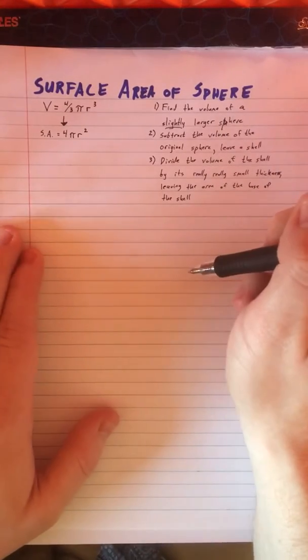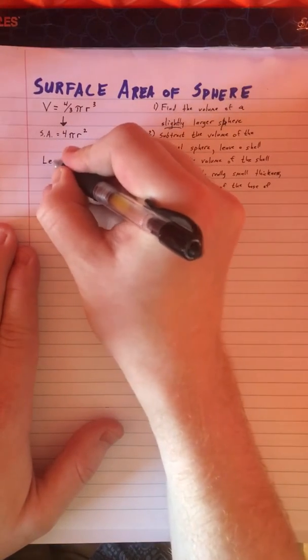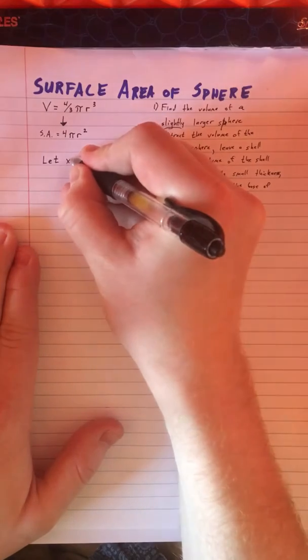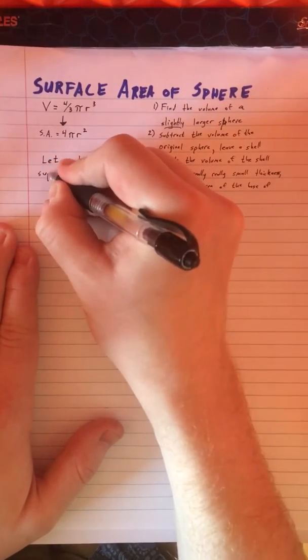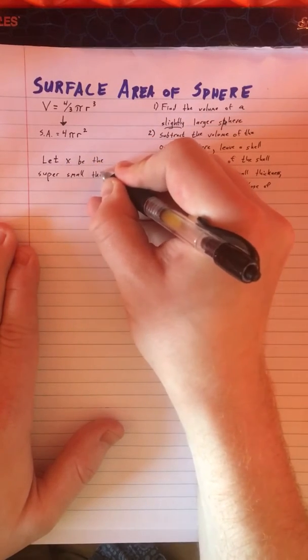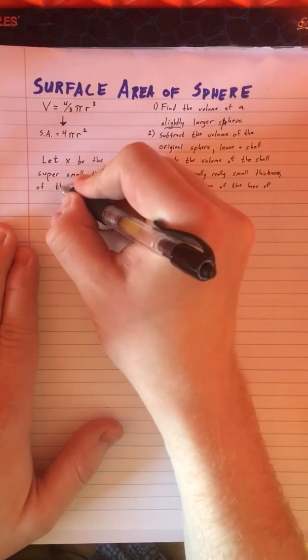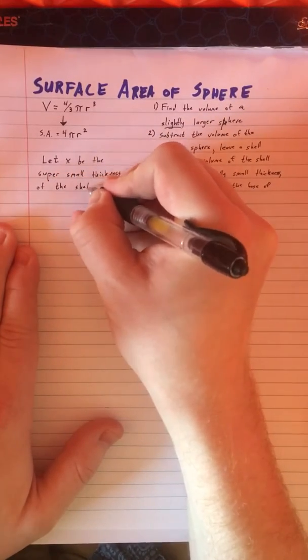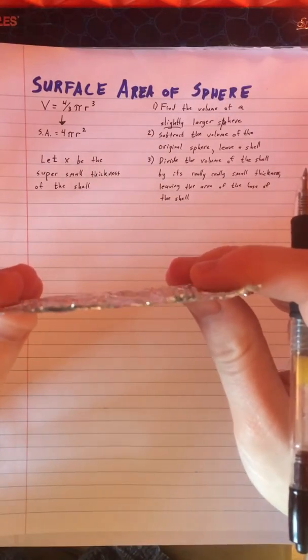First, we have to find the volume of a slightly larger sphere. I'm going to define a variable, x. Let x be the super small thickness of the shell. x is the thickness of my foil in this case.